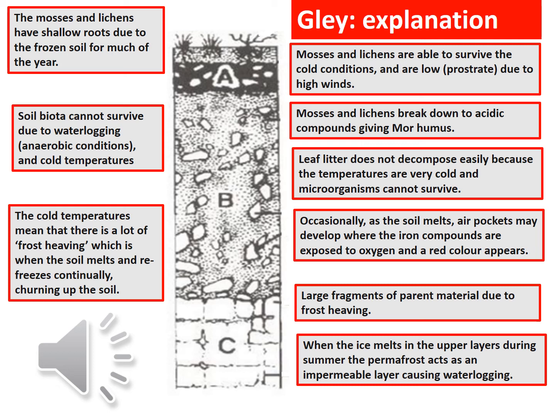So that's why we don't have earthworms here. And then the last bit, the mosses and lichens have shallow roots because the soil is frozen for much of the year. So they have to be able to get to the nutrients in the top layers of soil, so we have shallow roots. Folks, that's a lot of explanation, and I would advise you to go through that again and make sure you're understanding all of the terminology which I've used.